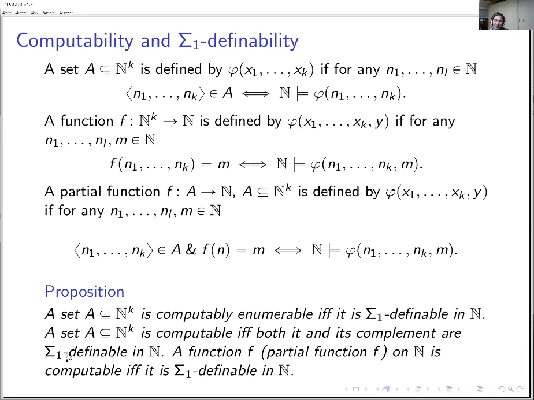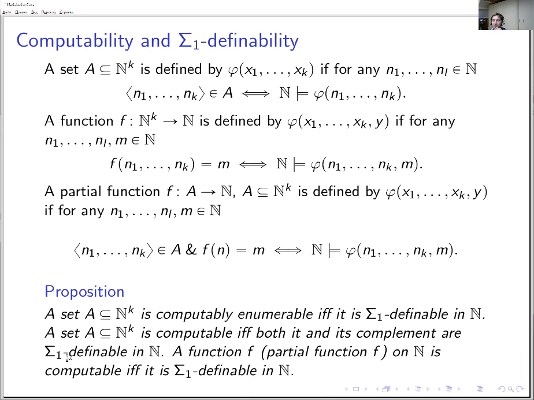Now let's go to the standard facts. A set is sigma 1 if and only if it's computably enumerable. A set is computable, or decidable, if and only if it is sigma 1 definable and its complement is sigma 1 definable.